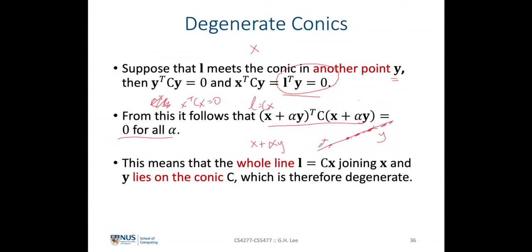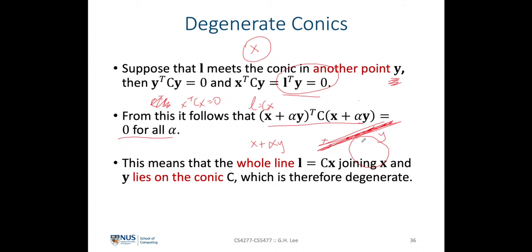And what this means is that if there's another point Y in addition to X that lies on the intersection of the tangent line to the conic, then the whole line joining X and Y must lie on the conic. So the conic will no longer be an ellipse, hyperbola, parabola, or even a circle shape.